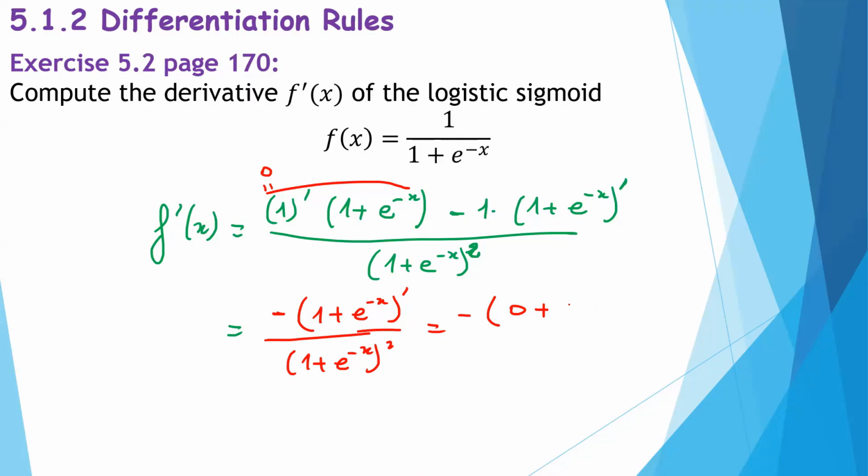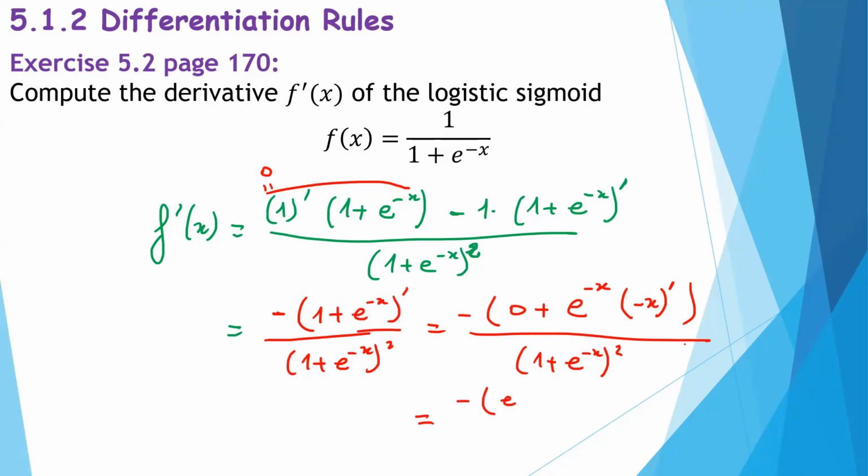I think same. No, it's not the same. The derivative of the exponential is the same, but this is a composition, times the derivative of minus x. So finally, it's minus e to the minus x times minus 1. I'm going step by step. So it's e to the minus x over 1 plus e to the minus x, squared.